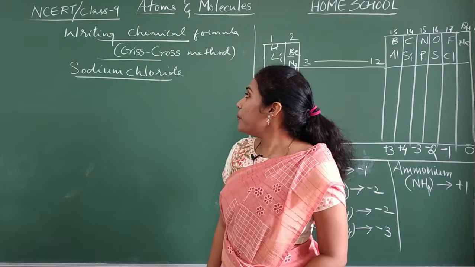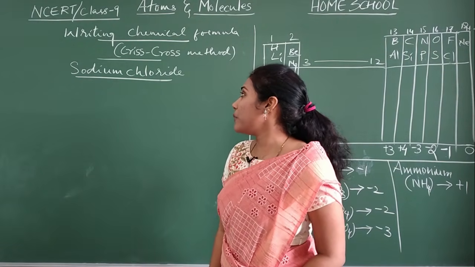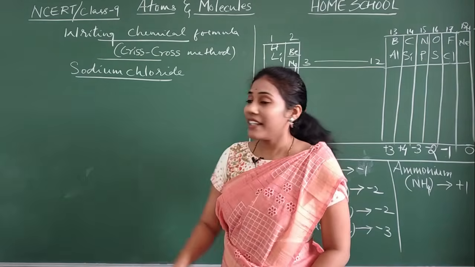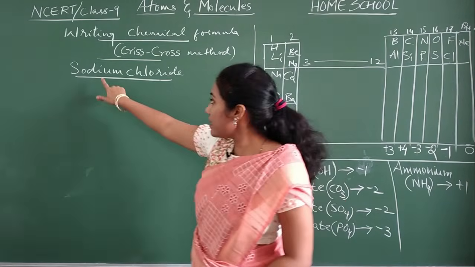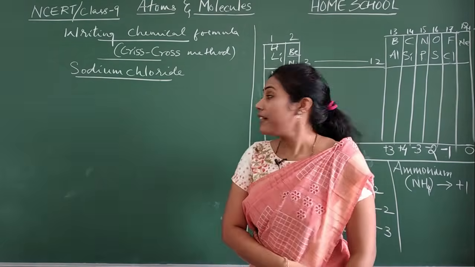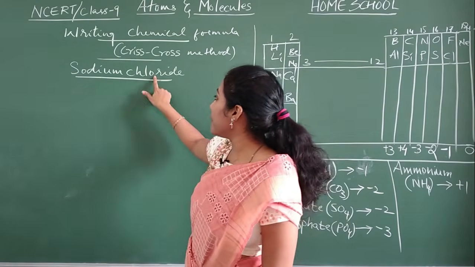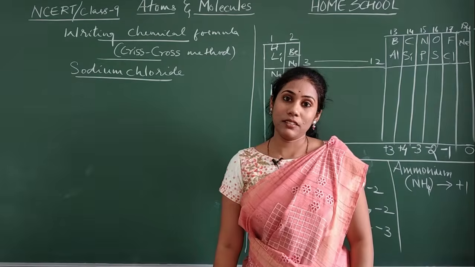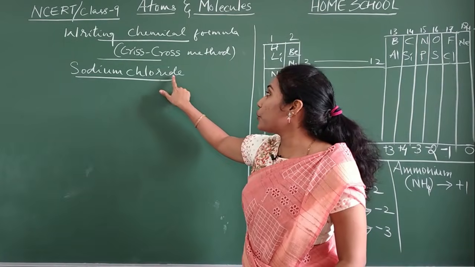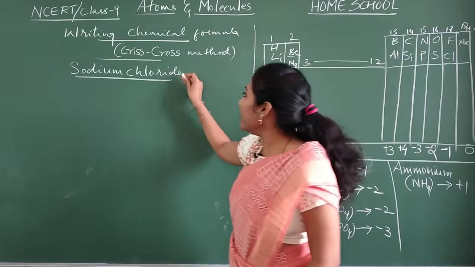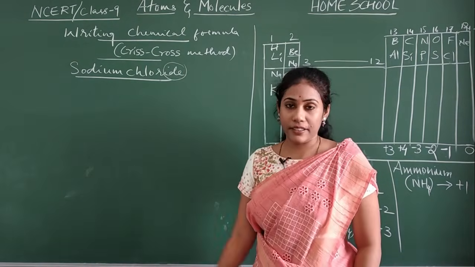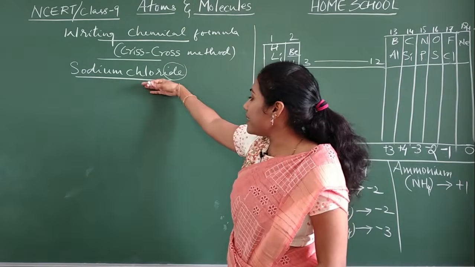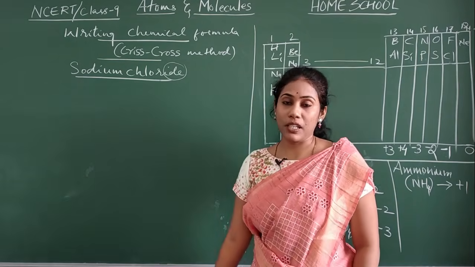The moment we read the name sodium chloride, it is understood that there are two elements present in this. One is the sodium element. The other element that you can observe is chlorine. Okay, the name is chloride. Why chlorine is written as chloride, I'll tell you a little later. First let us finish writing the formula.